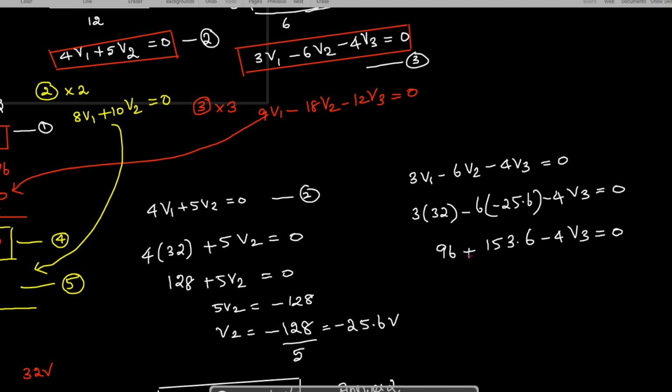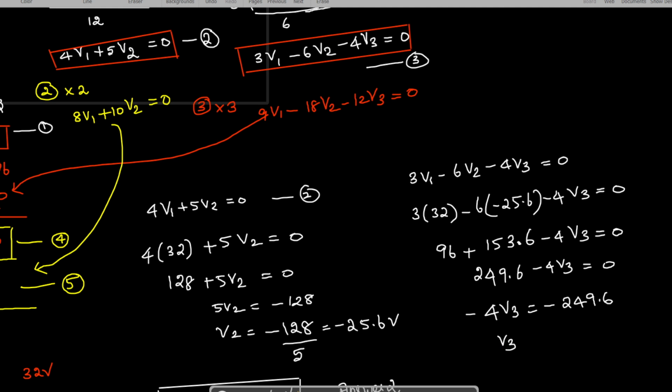So when you add this 96 with 153.6, you will get 249.6 minus 4V3, that is equal to 0. So minus 4V3 is equal to minus 249.6.